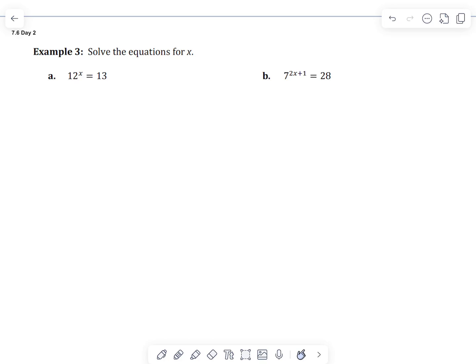All right, here's some examples of solving equations. These are exponential equations. We want to find out what x equals. So we have 12 raised to the x power equals 13. So we can take the log of both sides.